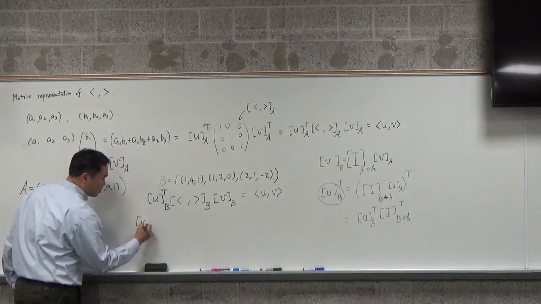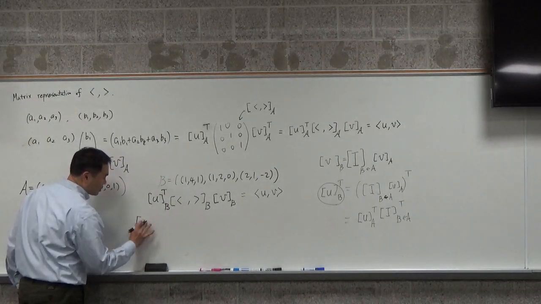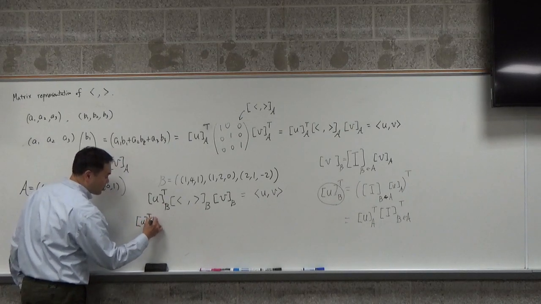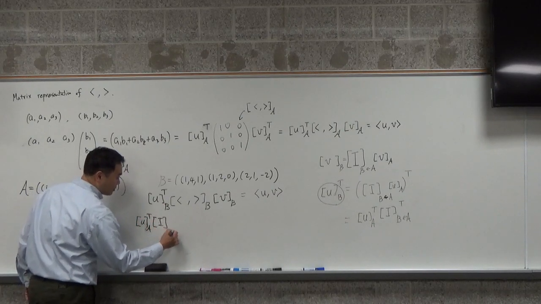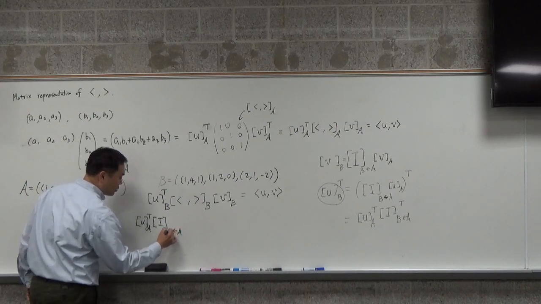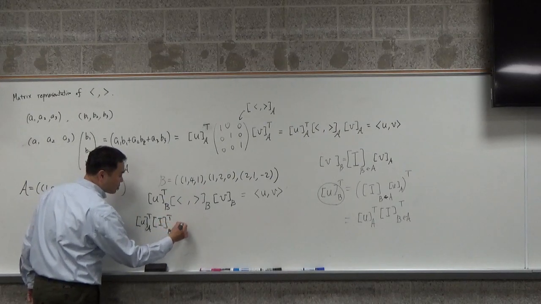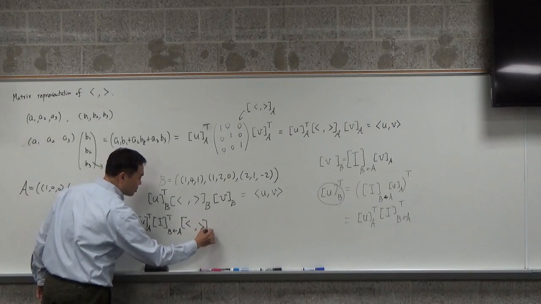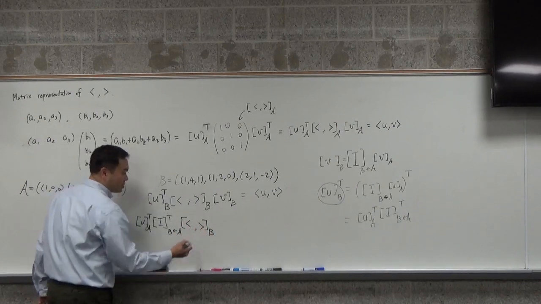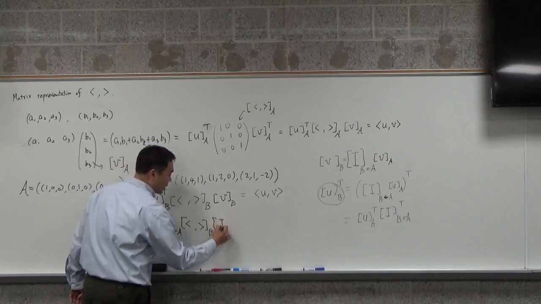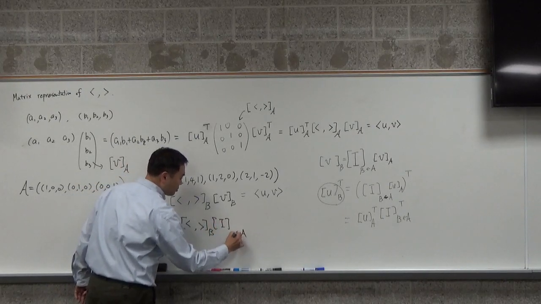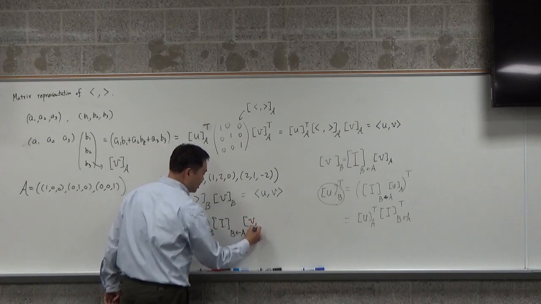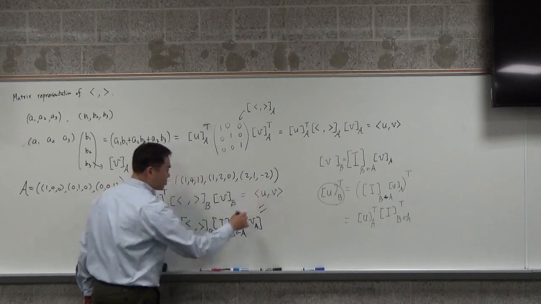We get U under A transpose, I A to B transpose, this mysterious matrix under B, times I A to B, and then V under A has to equal this.